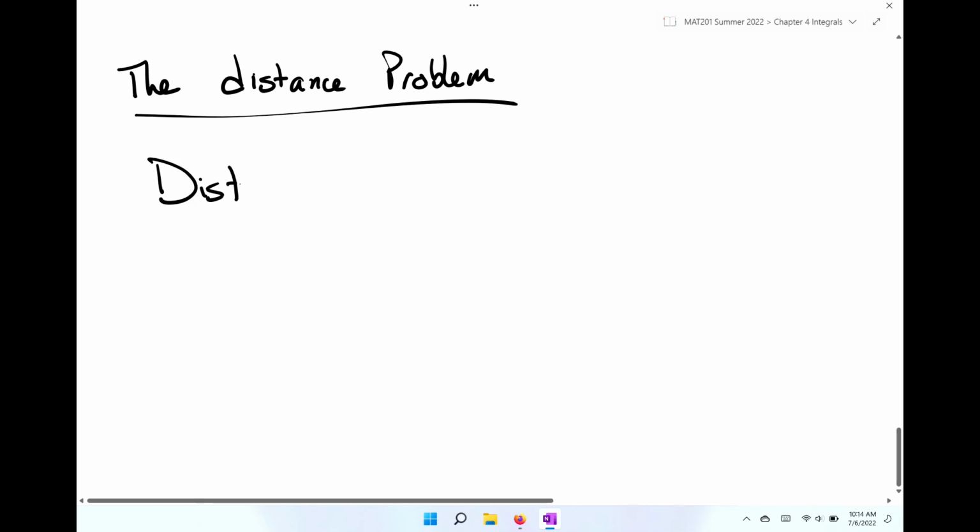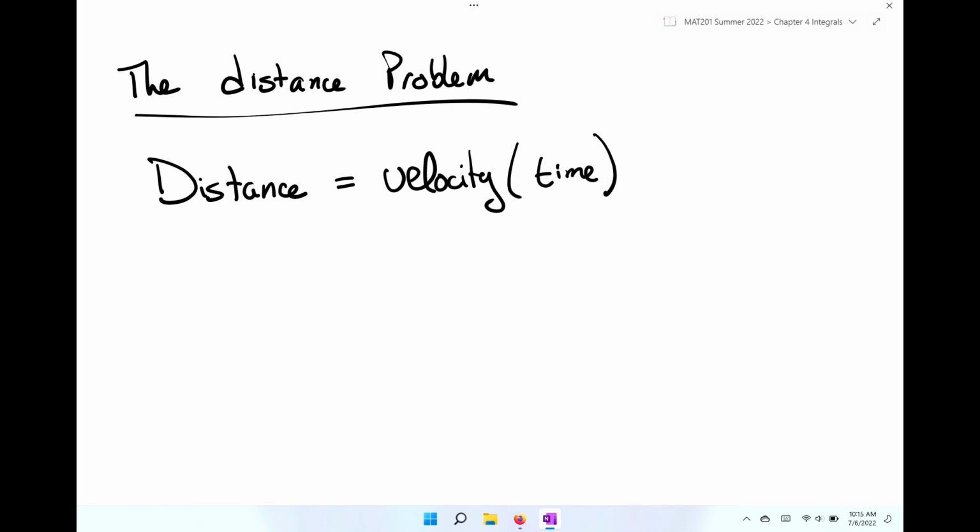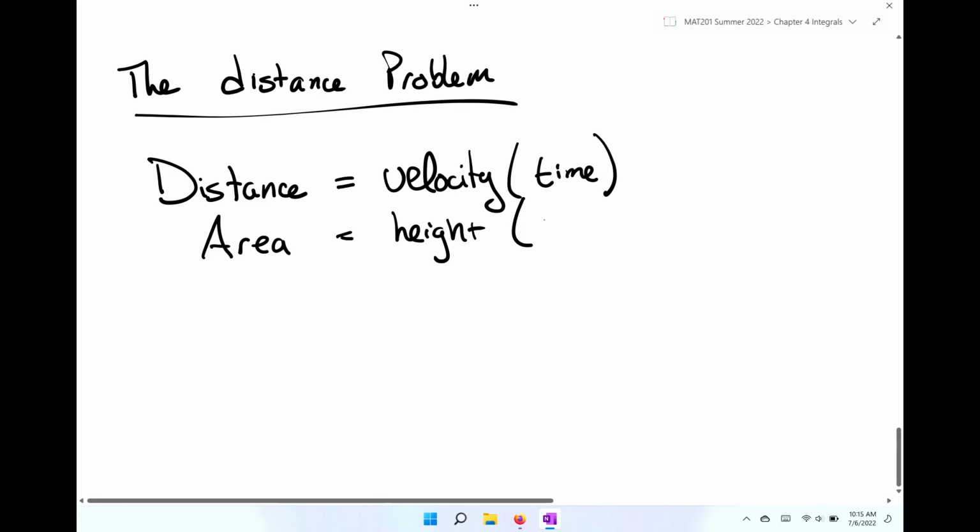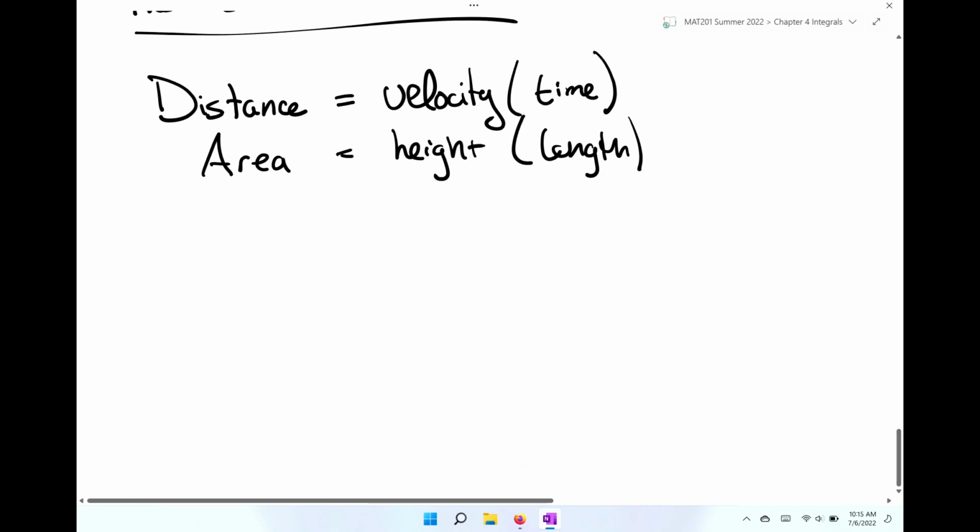And hopefully you're sitting there thinking, well, distance equals our velocity multiplied by time. And then I would go, well, doesn't that look like something to you? And hopefully you're sitting there thinking, well, yeah, this is nothing more than just the area, which is equal to height times length.